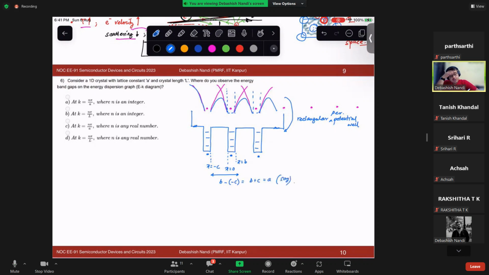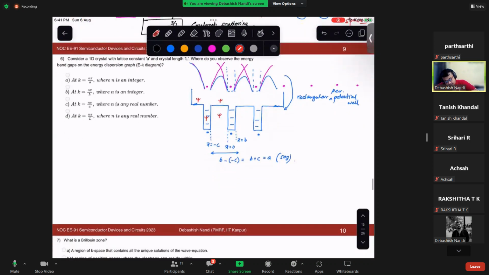Now if you solve your Schrodinger equation at this place, this place, and this place, you will find some particular condition. What does that condition lead to?